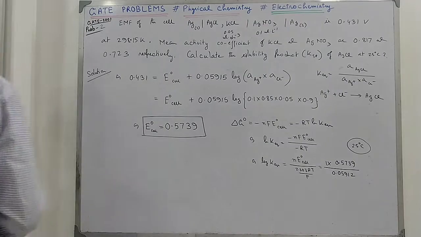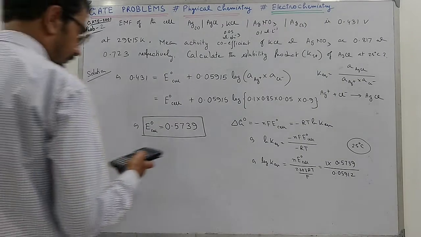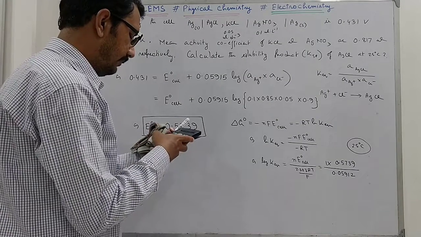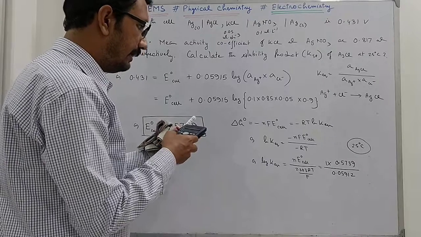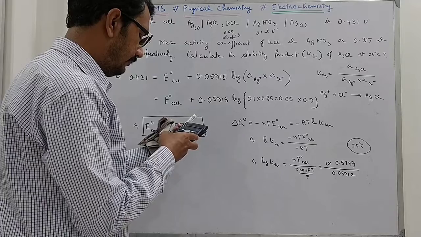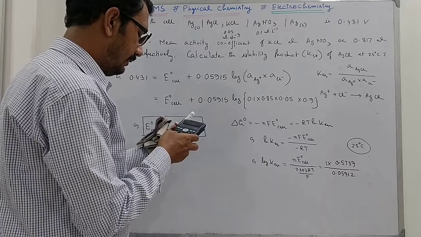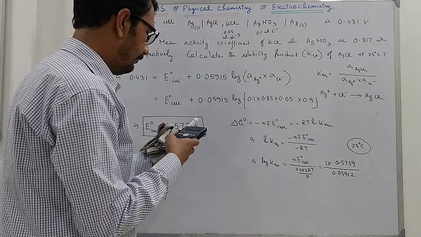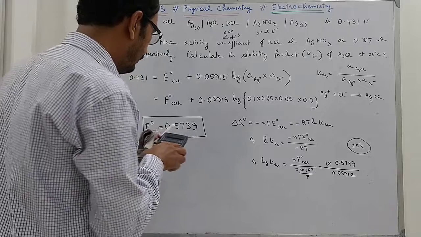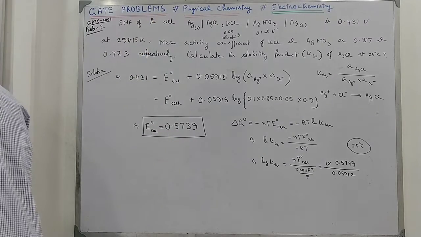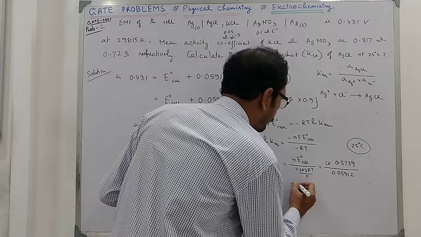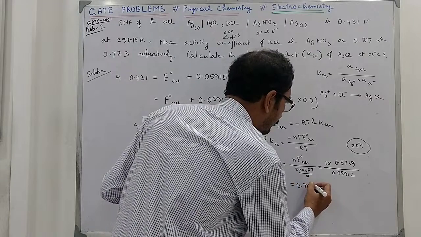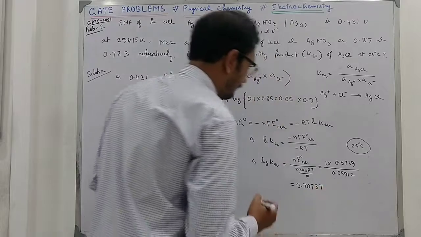So what is the value? Let us determine. It will be 0.5739 divided by 0.05912. So it is 9.70737.